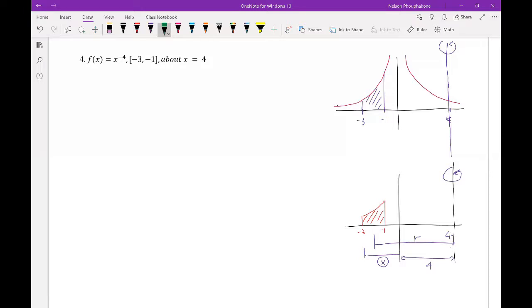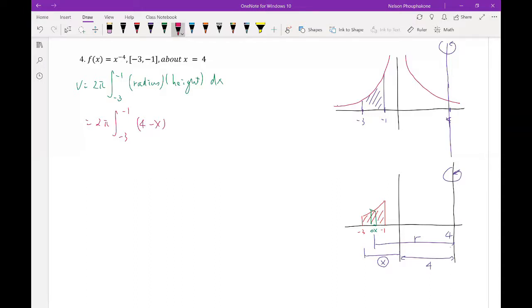Okay. So now the volume that we have will be 2 pi integrate between -3 and -1 of the radius times the height times the x. Okay, so again, this is the x. So it will be 2 pi from -3 to -1 of 4 minus x.